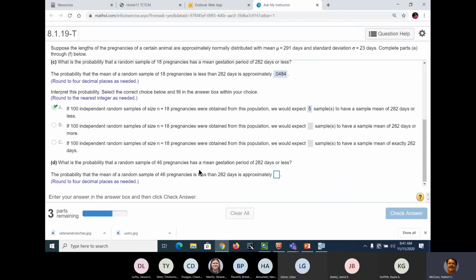All right, so n is equal to 46, and they still want the probability of the mean being less than 282. So I'm showing you my picture now. I'm working with 3 monitors here, 2 TV screens and the monitor on the laptop, and my mouse sometimes gets lost.